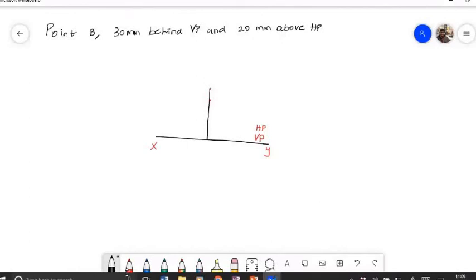So that means the 20 mm point represents the top view. That's what you are trying to say, right? Yes, sir. So 20 mm is top view and 30 mm is front view. Is everyone accepting that? Yes, sir.